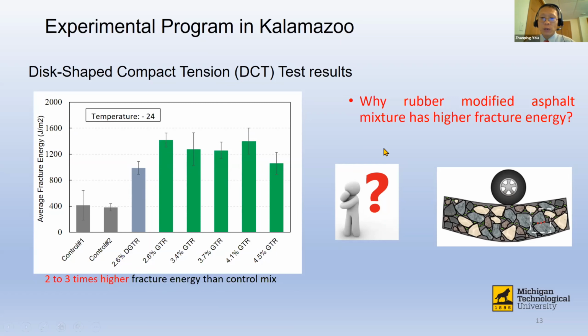Now, one question is, why does the rubber modified asphalt mixture have high fracture energy? How come? Why does that happen? We did that from a lot of lab work, and we can also verify a lot of things from more experiments and from demonstration projects. Here I really want to show you how I gain insight from a numerical simulation standpoint.